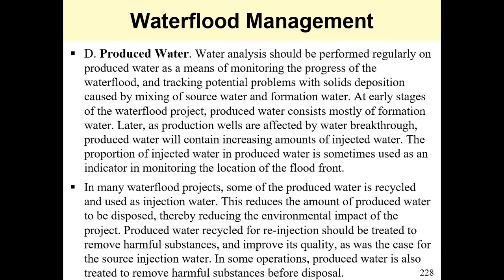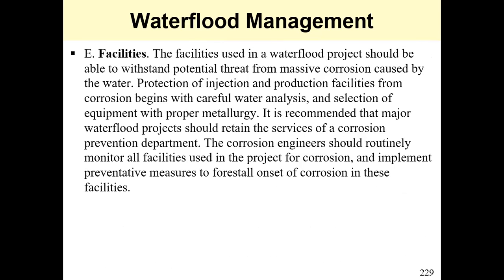You also need to take regular samples of your produced water, to check the environmental impact of your project, and to ensure that what you are disposing of is not harmful to the environment. And of course, you need to do frequent or routine inspection of your facilities to be sure that they are not corroding, and to ensure the integrity of your facility.